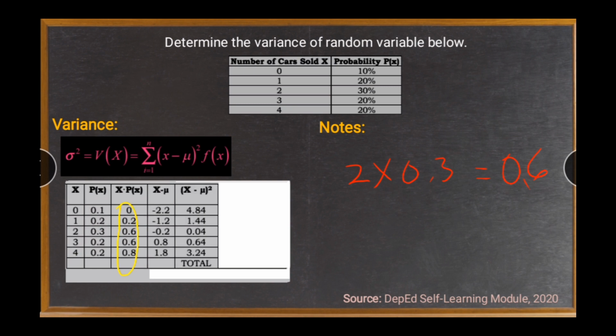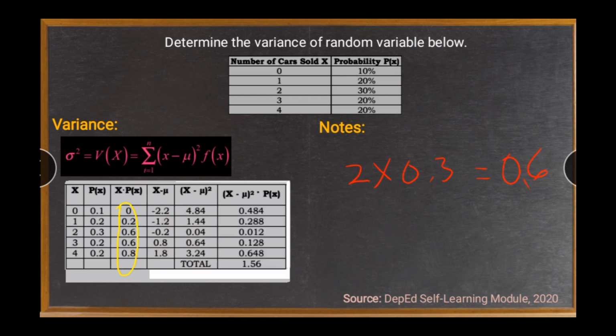And for your fifth column, the resulting answers in your fourth column, just square it, meaning multiply it by itself. Negative 2.2 times negative 2.2 is positive 4.84. Let's have our last column.